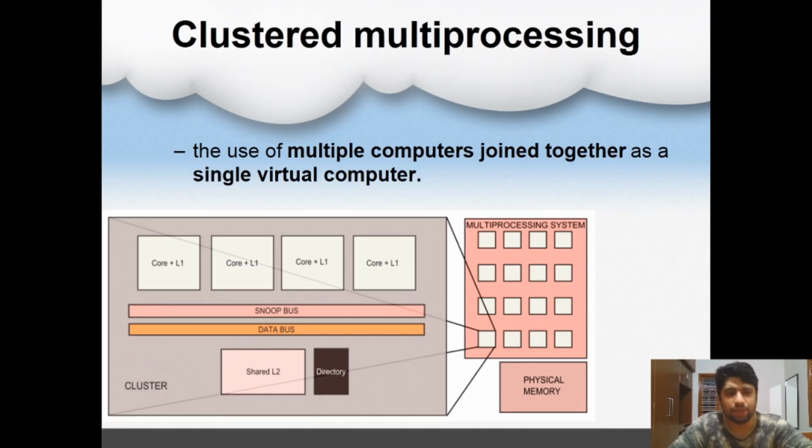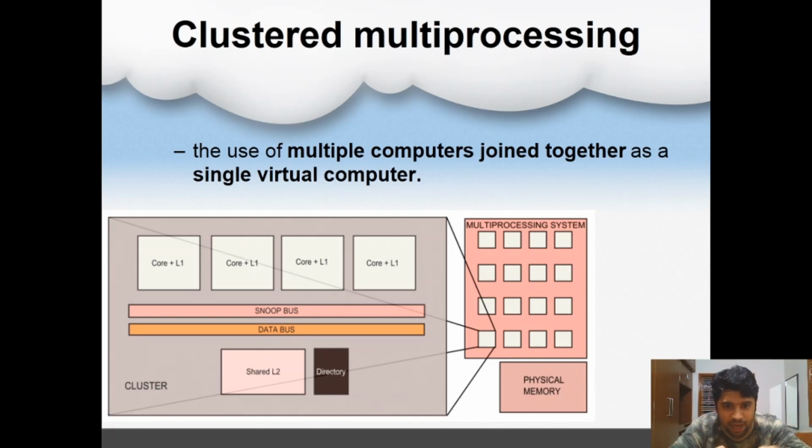Clustered multiprocessing: the use of multiple computers joining together as a single virtual computer. You can see on the right side, these are all the multiple computers, the small boxes you find, joined together to form a single virtual computer. So that's the multiprocessing unit shown on the left side.